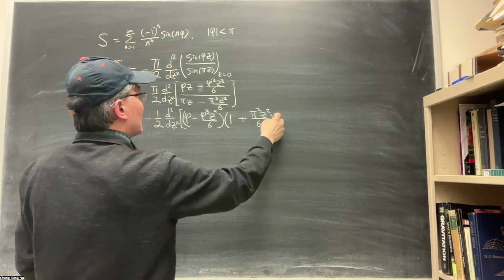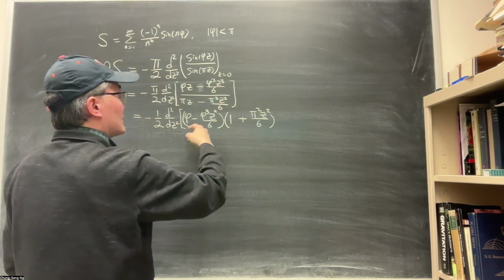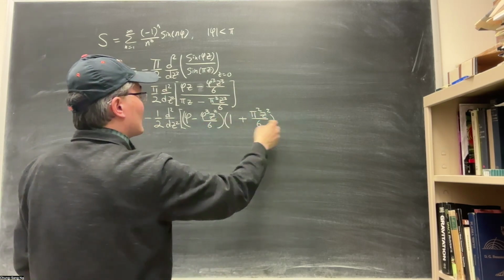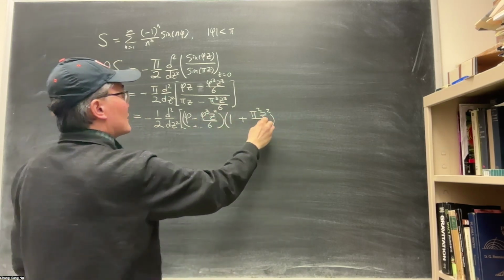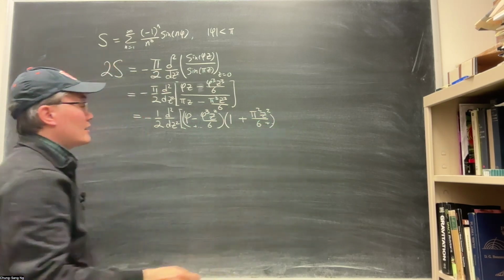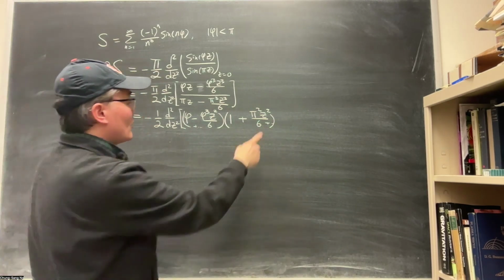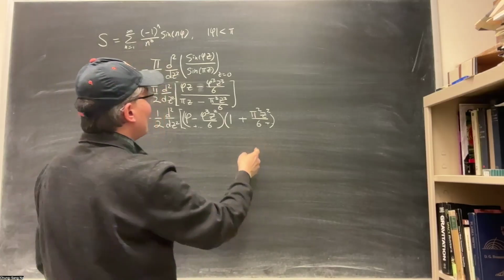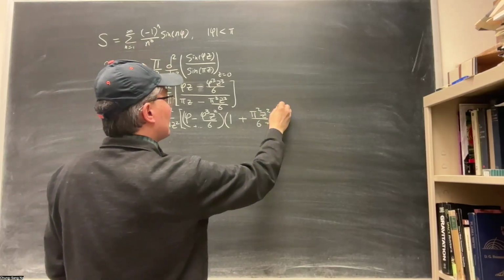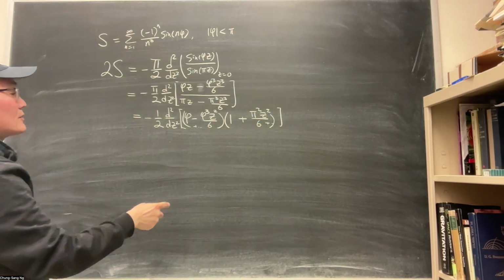Obviously there are other terms, but they are at least one order higher, at least z to the 4th power. But we only need the z squared power.